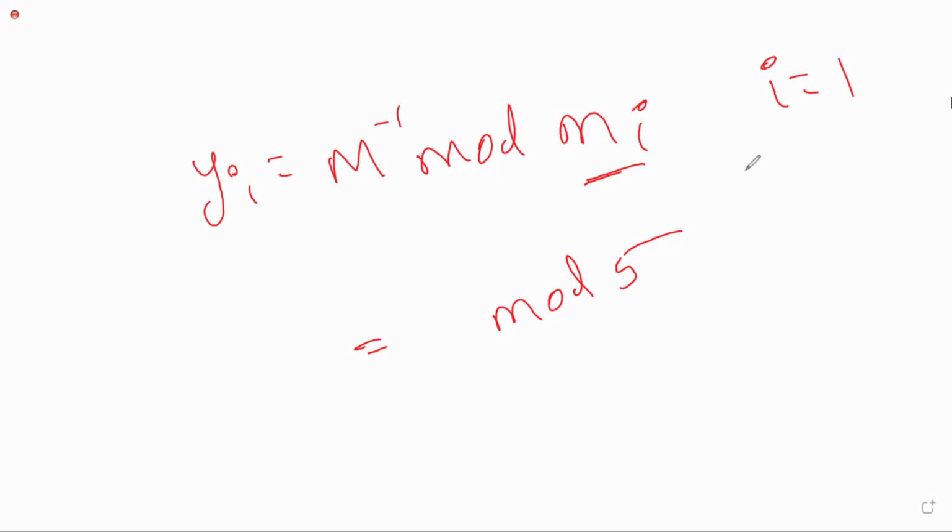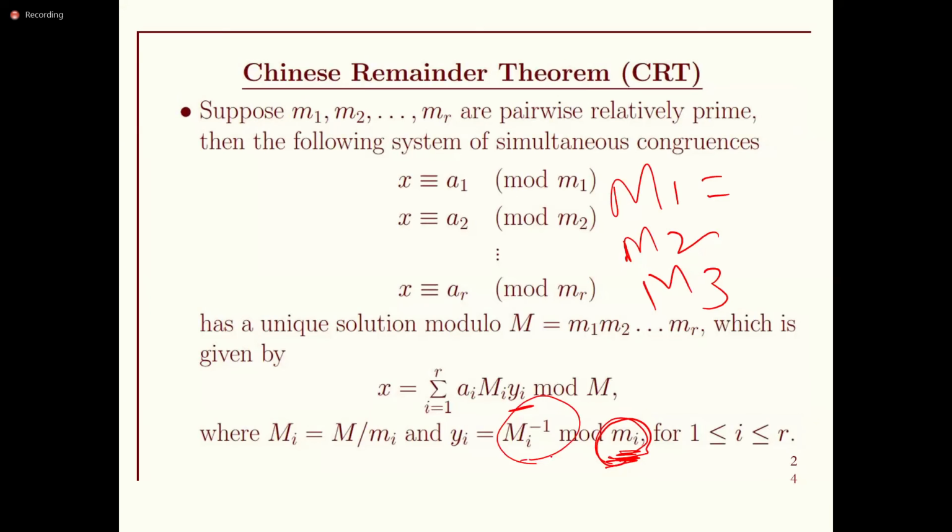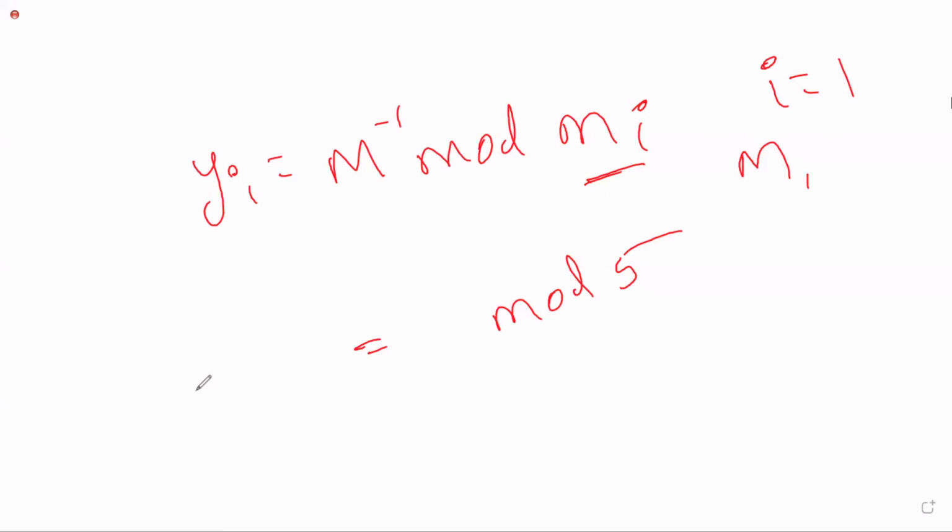What is capital Mi? Mi means capital M1. What is capital M1? 77. So the inverse of 77 is equal to 1 mod 5.